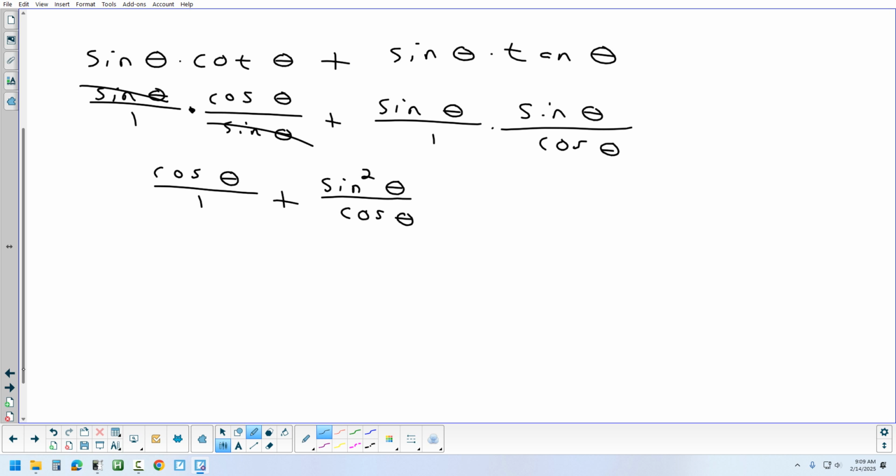Find a common denominator. Yeah. So let's put these together. My two denominators are 1 and cosine. What's the common denominator between 1 and cosine? Yeah, cosine. Yep. So let's change that to cosine.